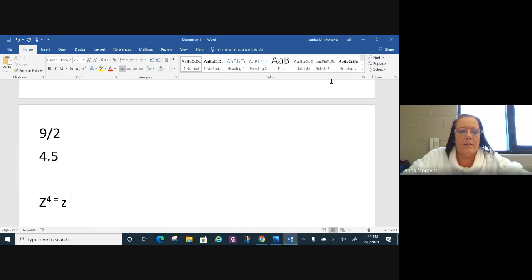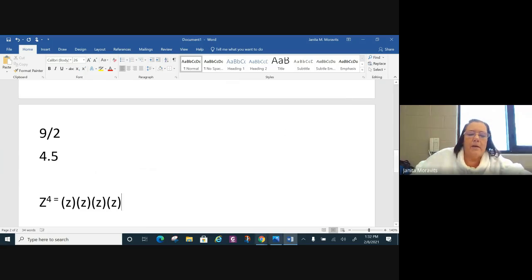That's the same as z times, let's do it in parentheses so you can see it better. Z times z times z times z. All right, z times z times z times z.